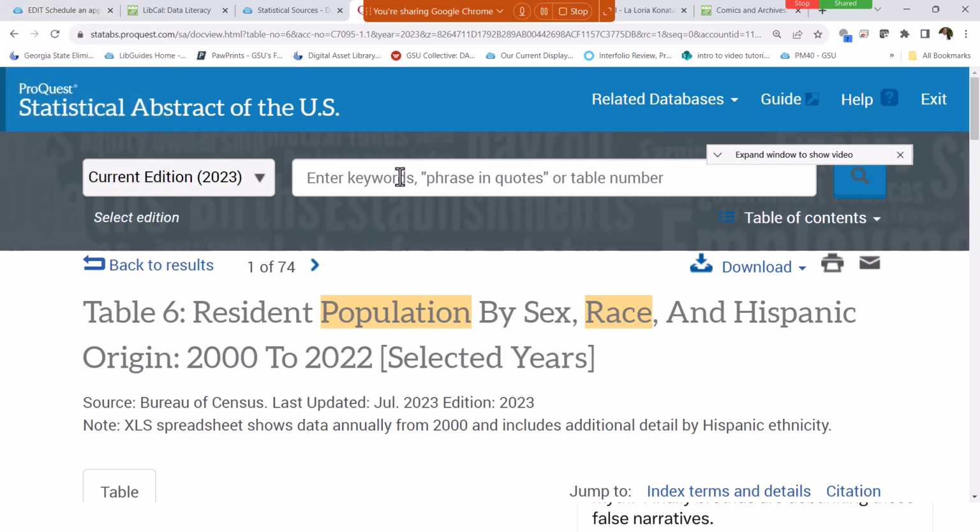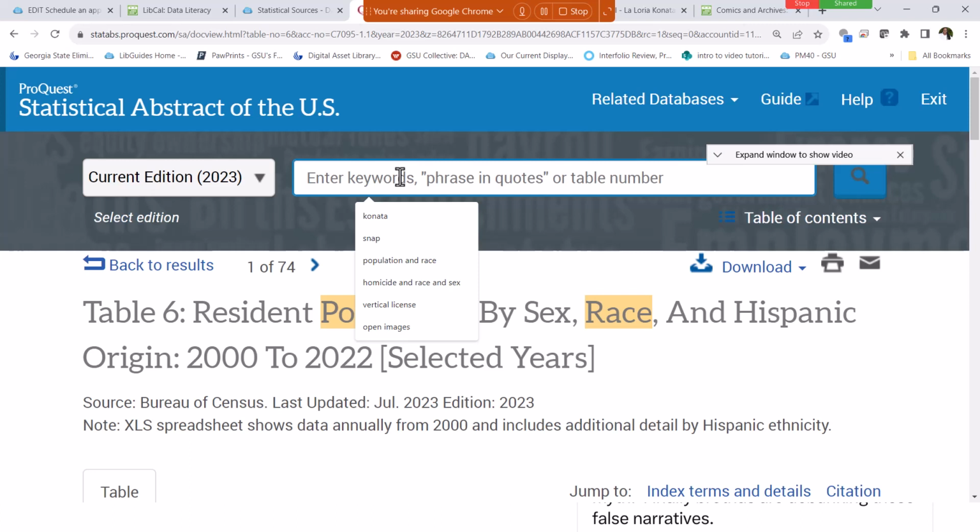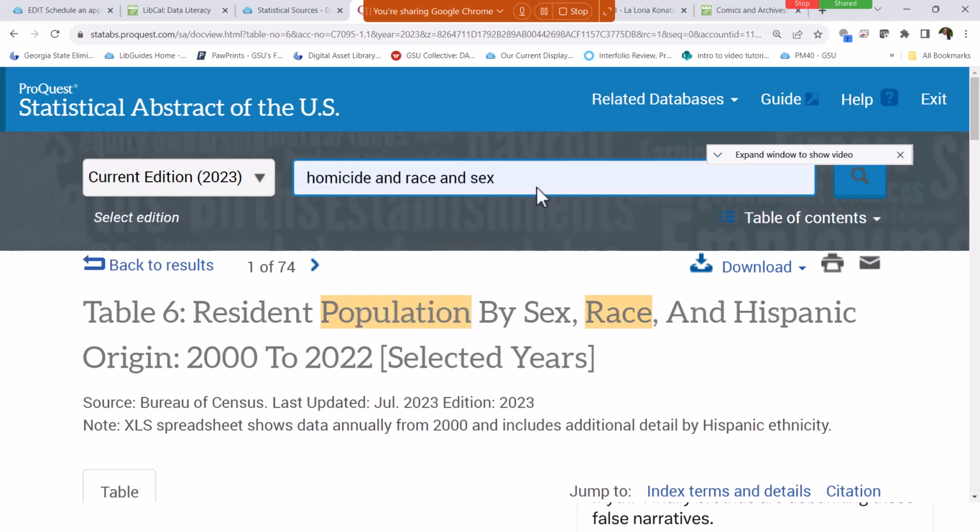But we want to verify that number of total women who are unalived each year. So we're going to do another search. And let's see, what am I going to search? Okay, here it is. Homicide and race and sex. And anytime you're combining keywords, you have to say and. So that's why that's there.